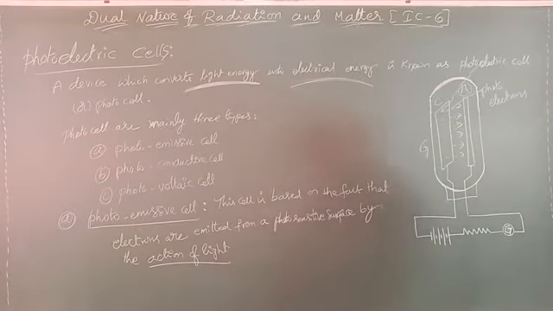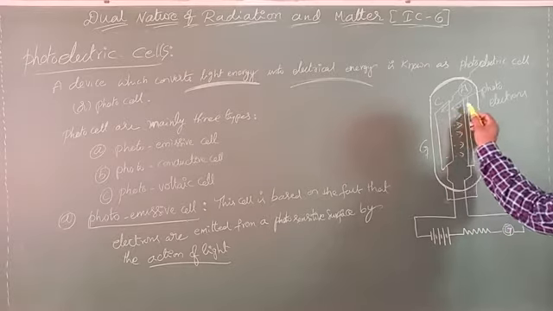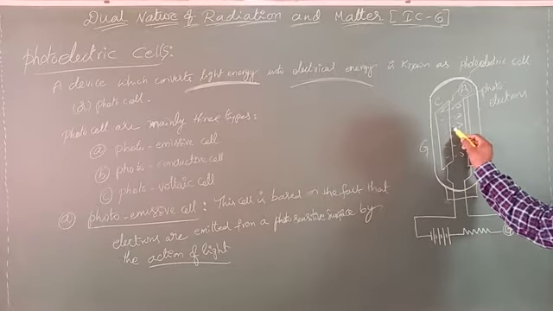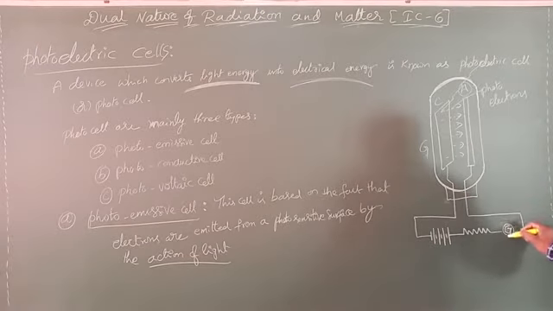Any doubt? Very simple. When light energy falls onto the photosensitive material, the electrons are ejected and reach the anode. This electron flow is measured by the galvanometer. Clear? This is a photoemissive cell.